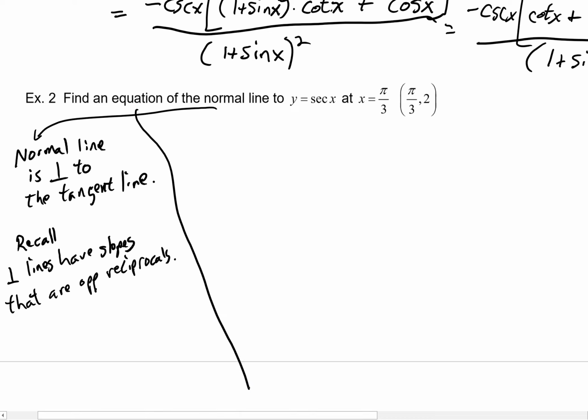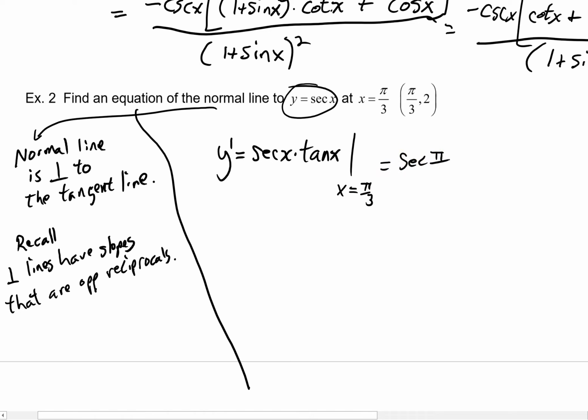We can go ahead and say, well, y is equal to the secant of x. That means y prime, well, if we remember the derivative of secant, I hope right now you know it quickly and easily. It's going to be secant tangent. And by the way, if we were to plug in x equals pi over 3, we'd have the secant of pi over 3, tangent of pi over 3.